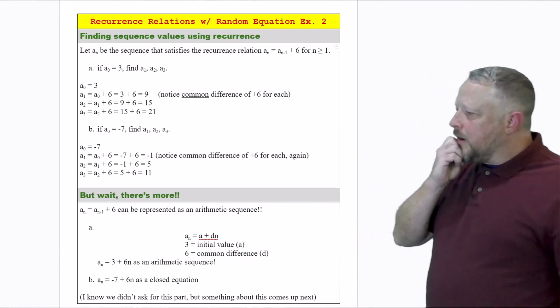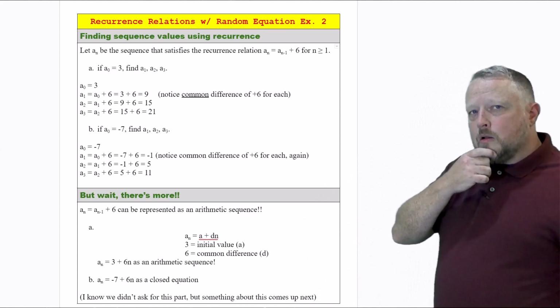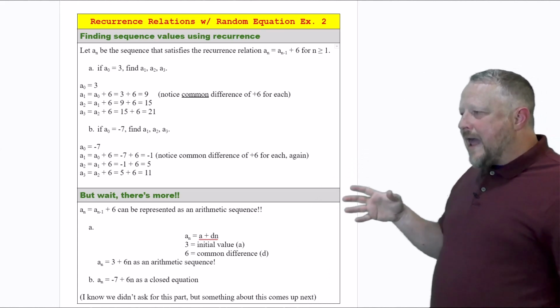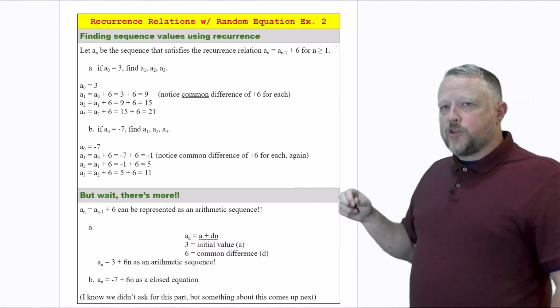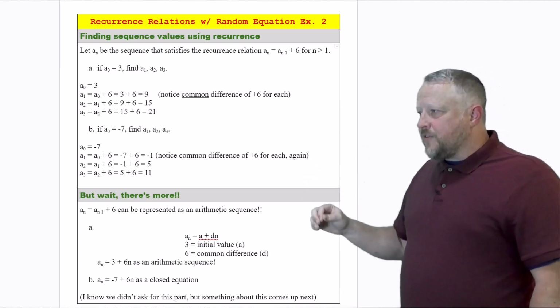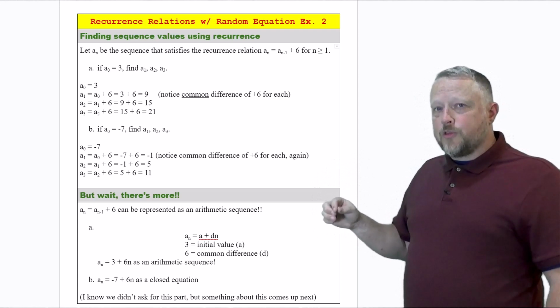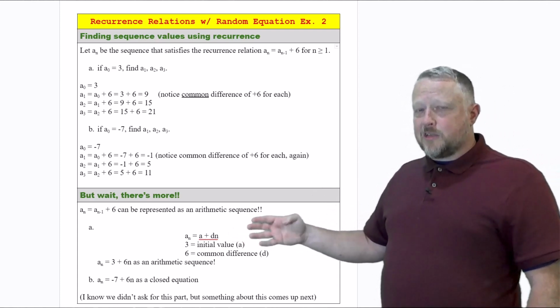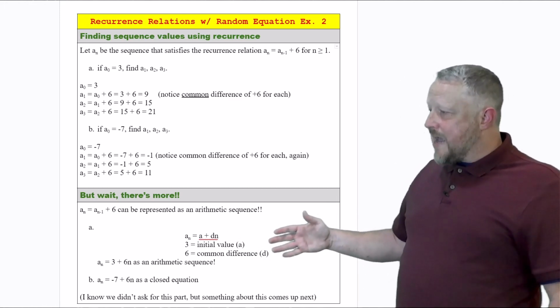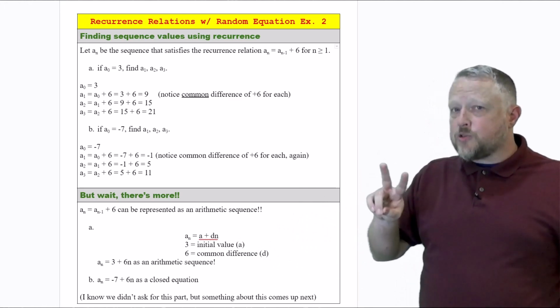Now, wait a minute, there's more. If we have a common difference for these two equations, and I'm given a starting point for both of those, can't I make that into an arithmetic sequence? And the answer is yes. We'd have two separate answers for this.